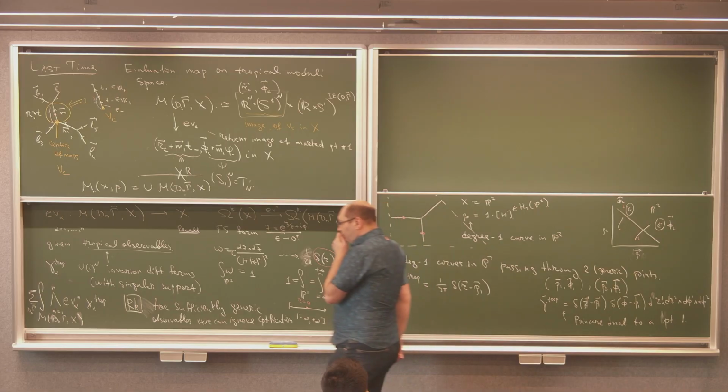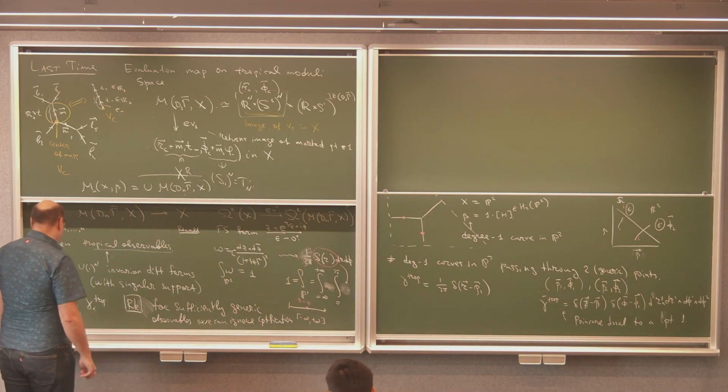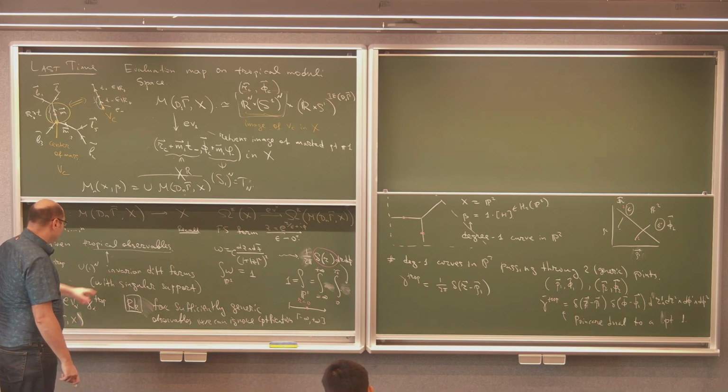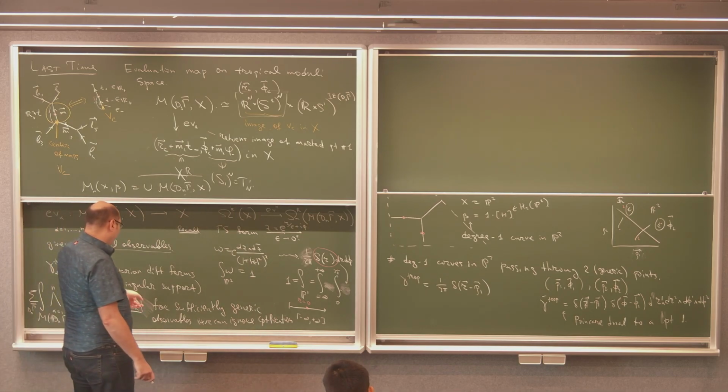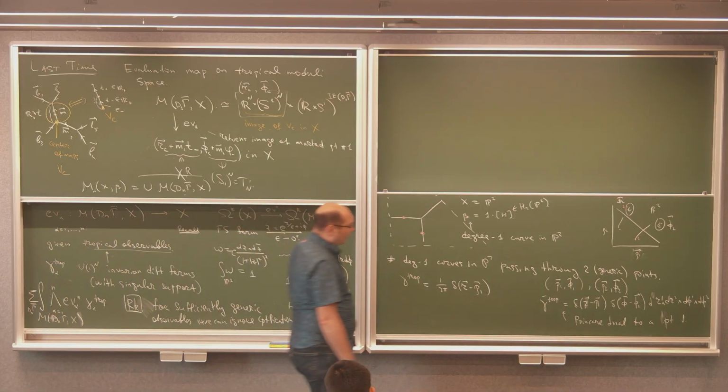However, in the tropical picture, we want to use tropical observables, which are U1 invariant forms.